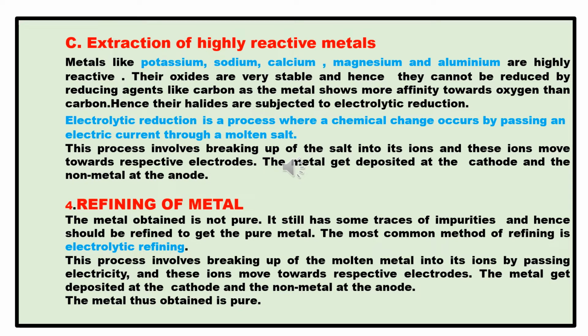Now let's see how we can extract highly reactive metals. You have learned about the reactivity series. You know there are highly reactive metals, moderately reactive metals and less reactive metals. Metals like potassium, sodium, calcium, magnesium and aluminium, which are at the top of the reactivity series, are highly reactive.